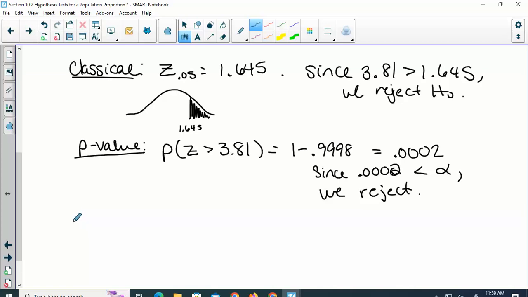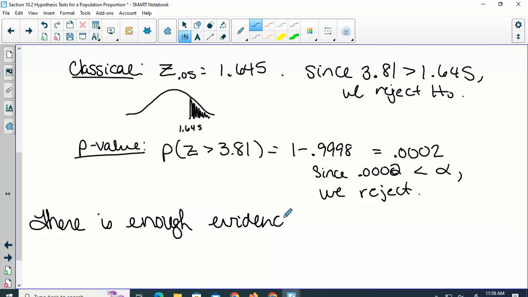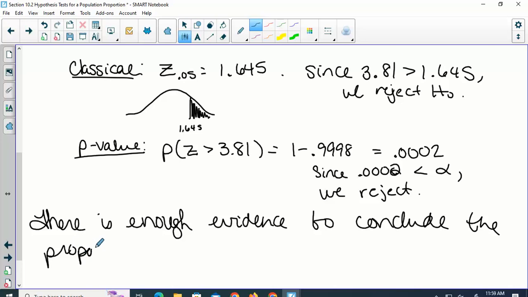So in both scenarios, no matter which way you had finished it, you found that we would reject. So our conclusion: there is enough evidence to conclude the proportion has increased.